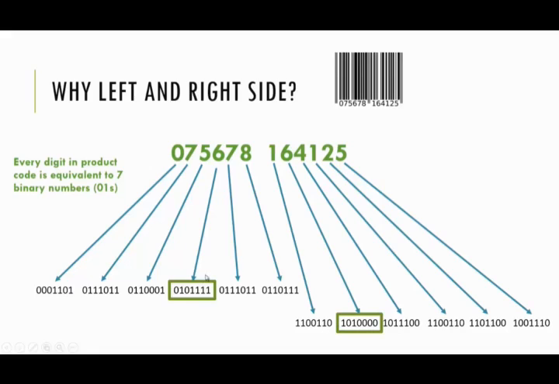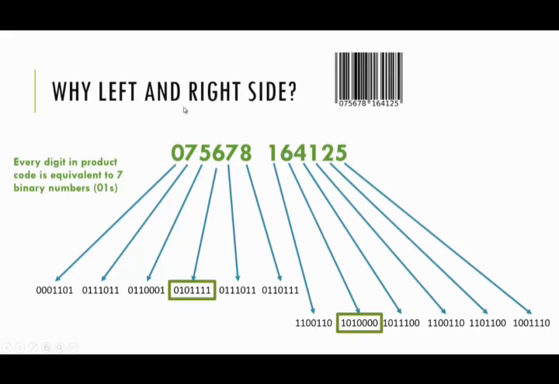So they both are different. Of course, this one starts with 0 and this starts with 1. This one ends in 1, this one ends in 0. Why is that, that the digit is the same but the binary numbers are different?